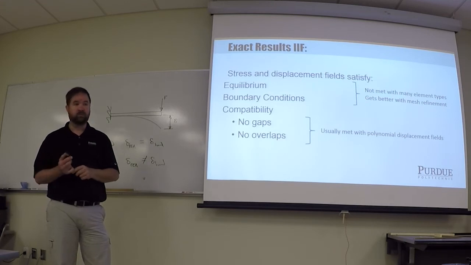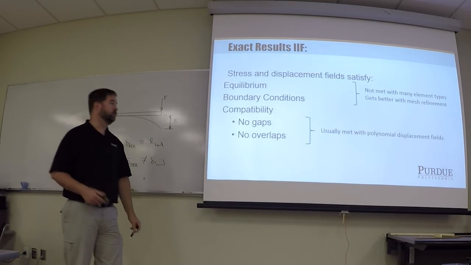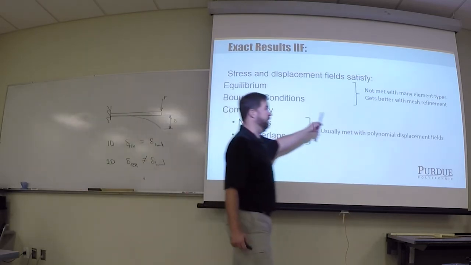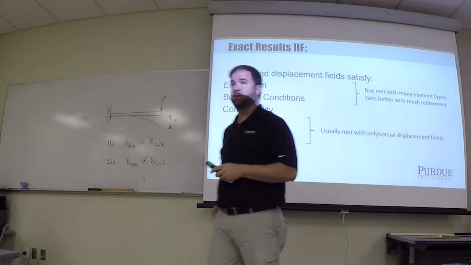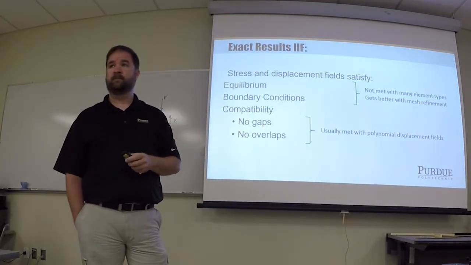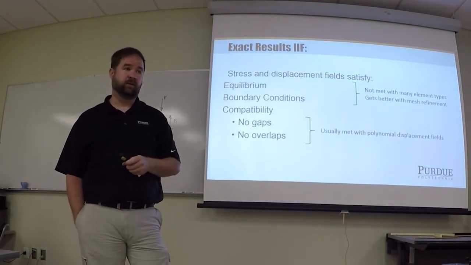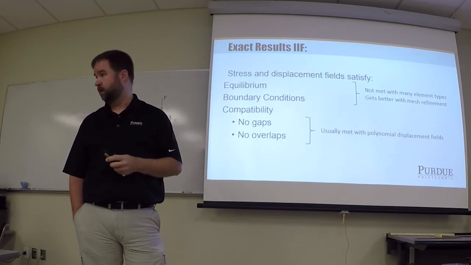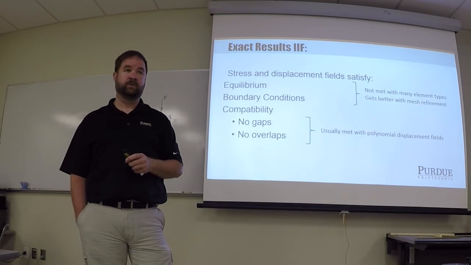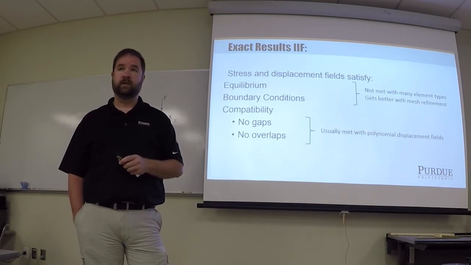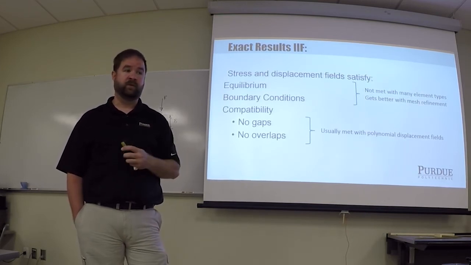Now, usually it's close, but it's not going to be perfectly exact. So we're going to start talking about mesh refinement. The smaller the mesh size we use, the better our results are going to be. That's why you should take your first result and look at it skeptically, and then maybe try another analysis and see if you get slightly better results. Okay, so we'll start working on mesh refinement as we go along.